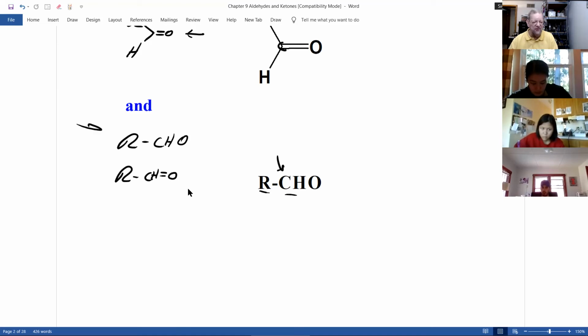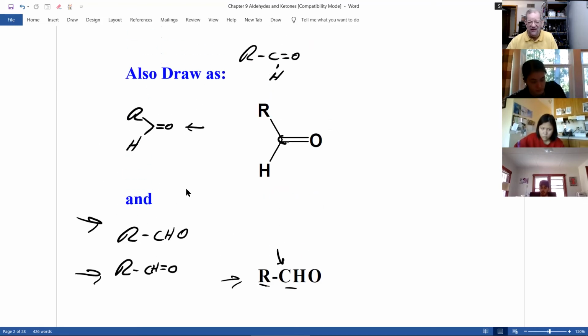Now, I usually do not draw it this way or this way. Why? Well, it's preference. I just think this way looks way cooler. And I like to be a cool dude. So I like to draw it that way. You draw it this way without the carbon double bond showing, or this way, any of those ways is okay.